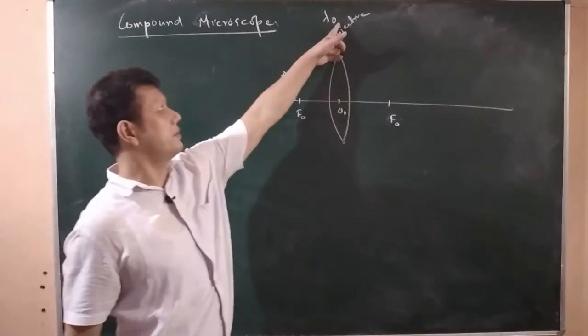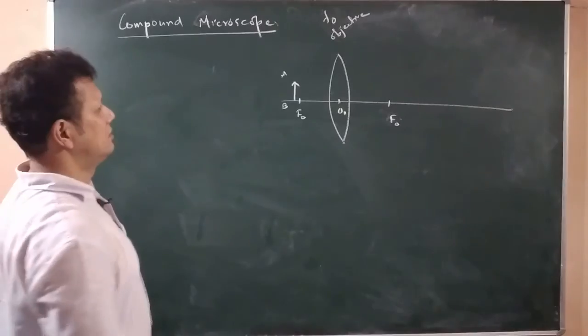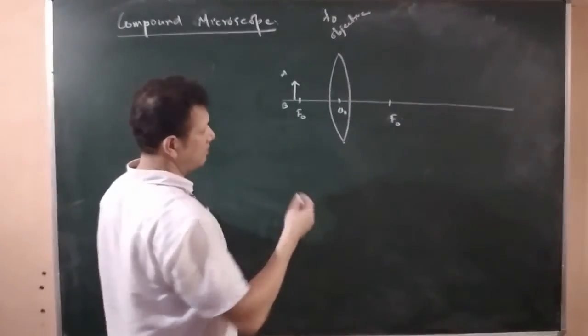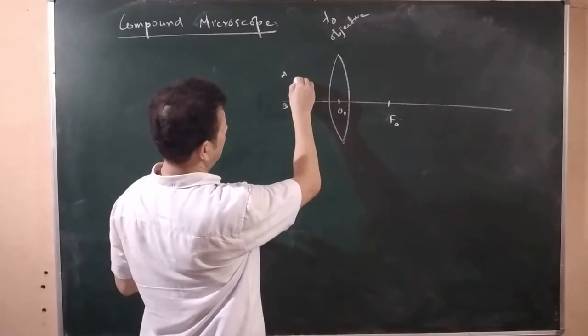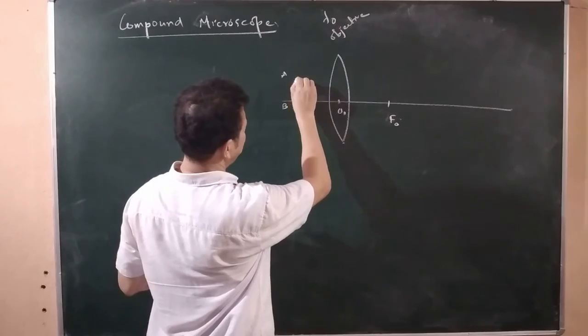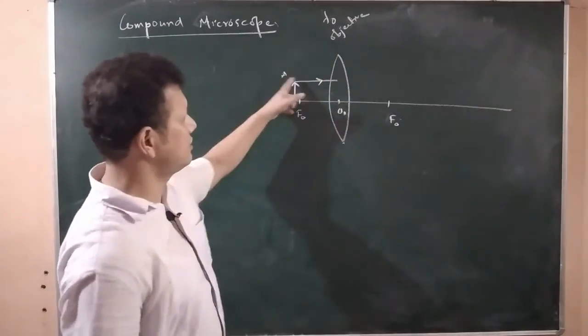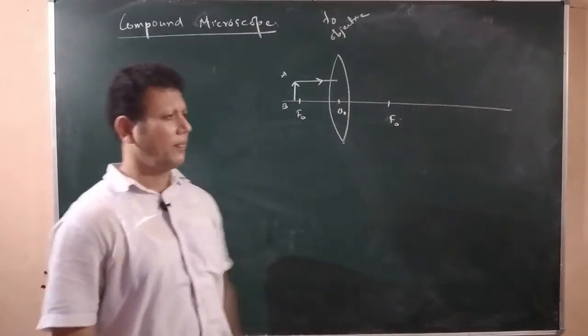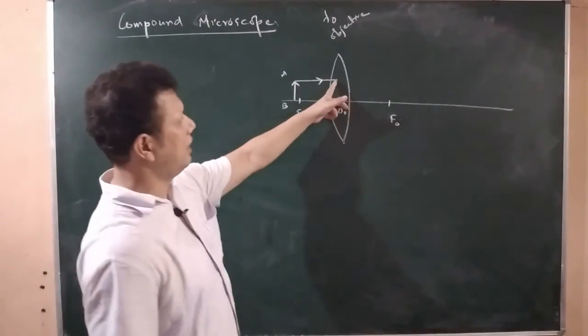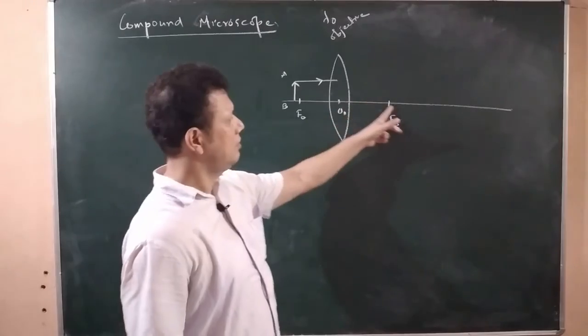Objective has an O attached, understood? Now I will make a ray diagram. How do we make a ray diagram? First you allow a light ray incident parallel to the objective lens, and this incident ray is parallel to the principal axis. Now we know after refraction the light will travel straight through the focus.